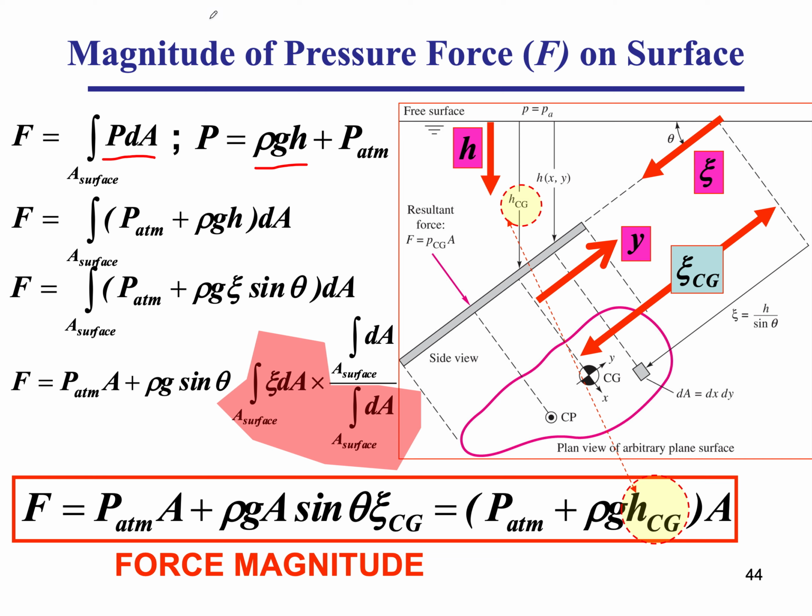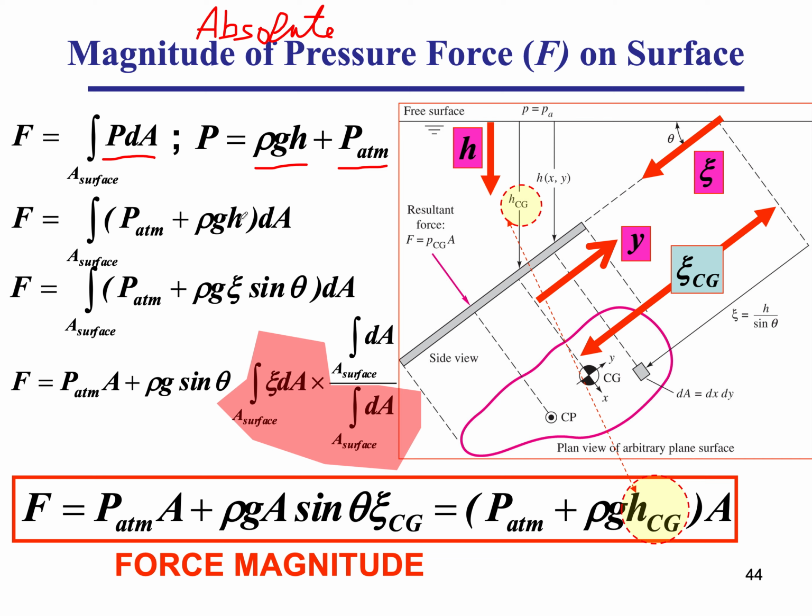Here I'm going to say at the beginning that I'm working with absolute pressures. There we said I'm working with gauge pressures. That way you see what will happen in the end. I'm just using the absolute pressure convention because I choose to do so. So my pressure is not just ρgh, it's ρgh plus P atmospheric, multiplied by the dA, and we said the dA was dx times dy.